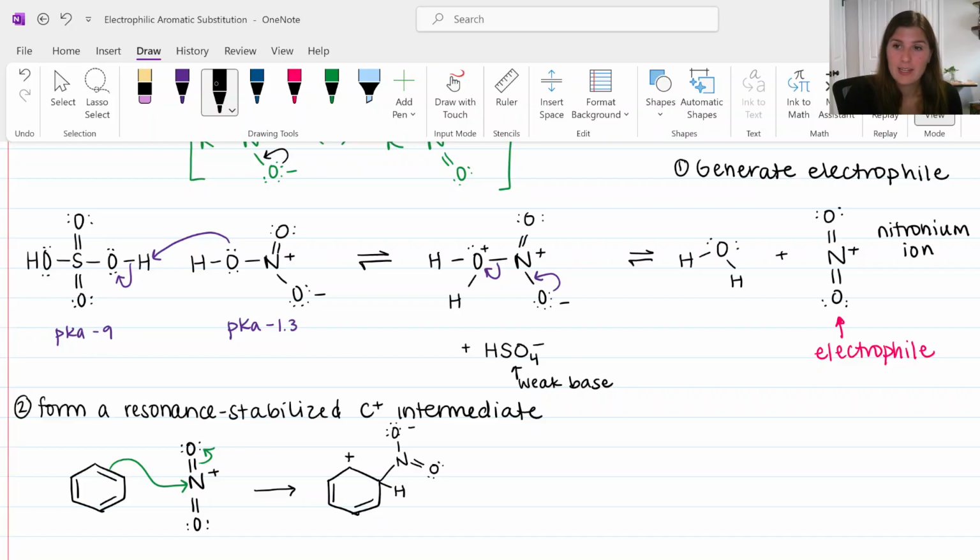Now, the reaction will tend towards re-establishing aromaticity. And just like the halogenation reaction, we do that by removing the beta hydrogen. We need a base to remove that beta hydrogen, and we can use the HSO4 minus weak base to help remove that.